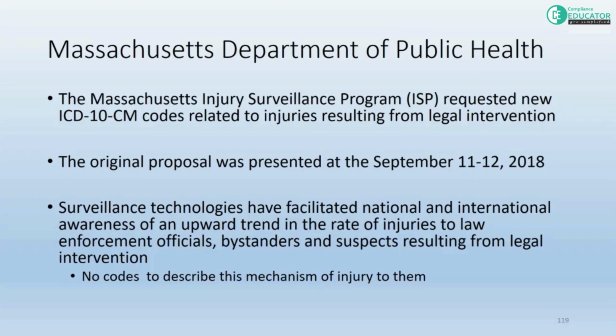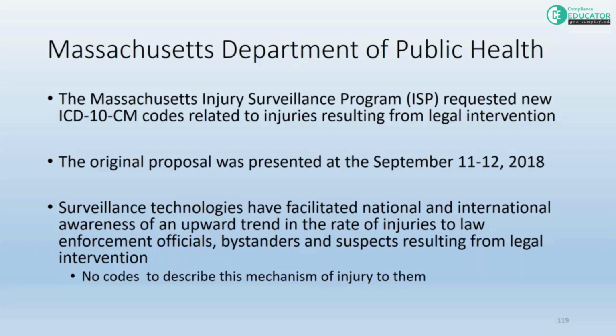The information given about this new code that's coming out included information saying that they have surveillance technologies that have facilitated national and international awareness of an upward trend in the rate of injuries to law enforcement officials, bystanders, and suspects resulting from illegal intervention.